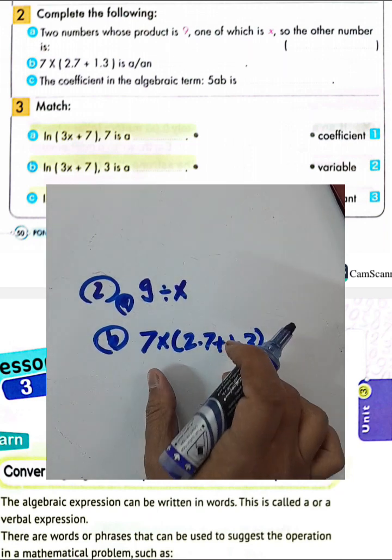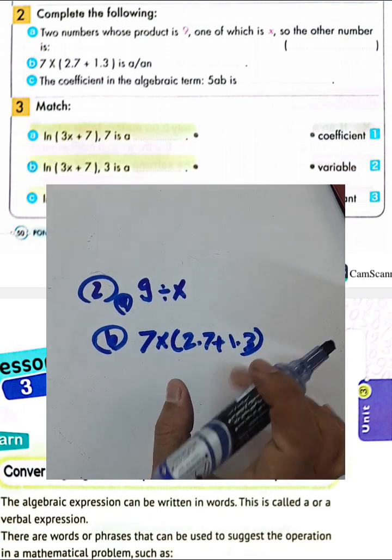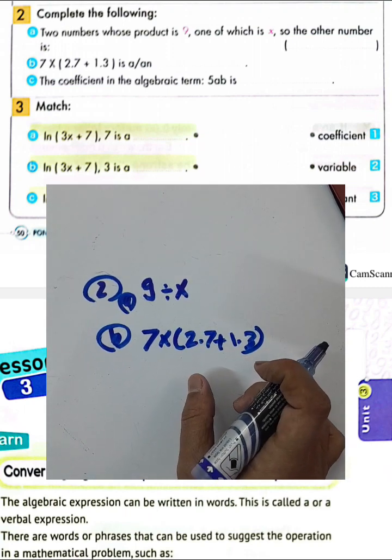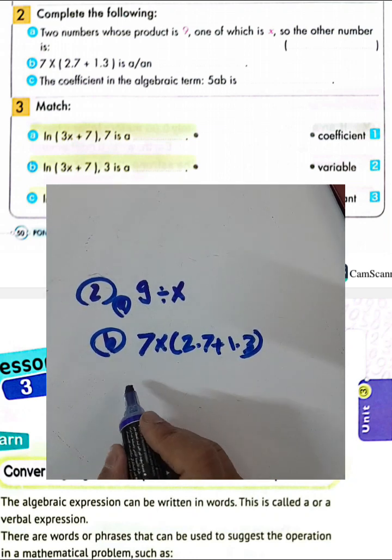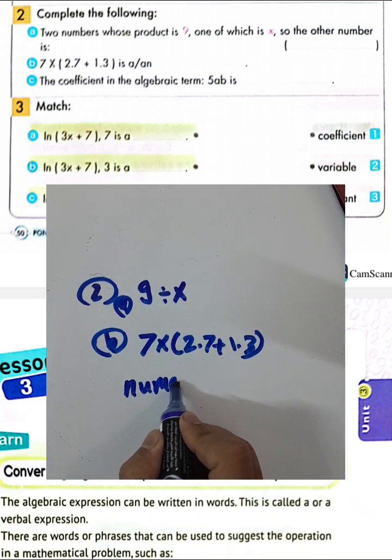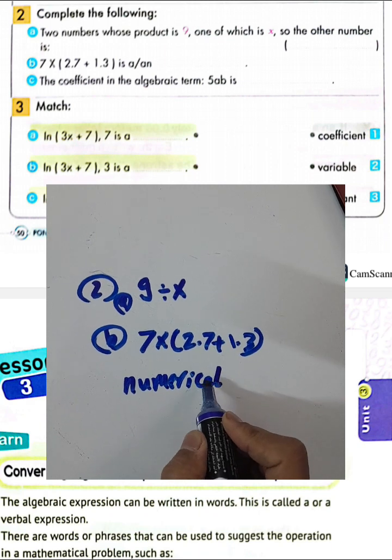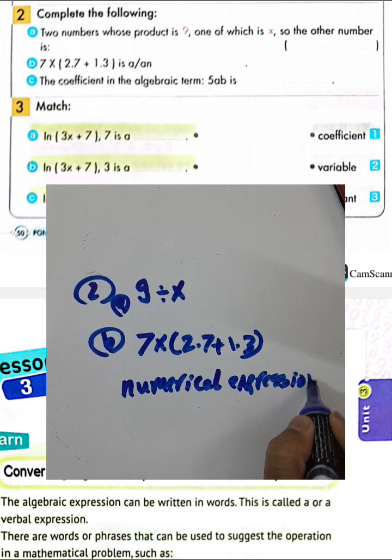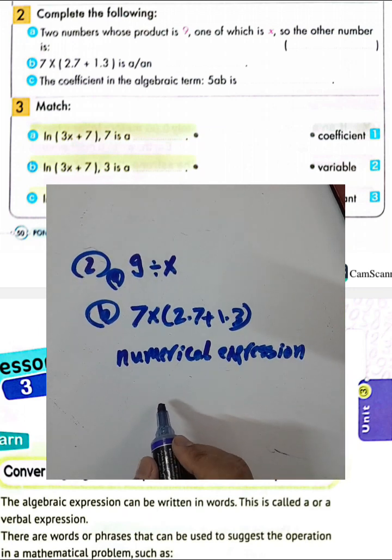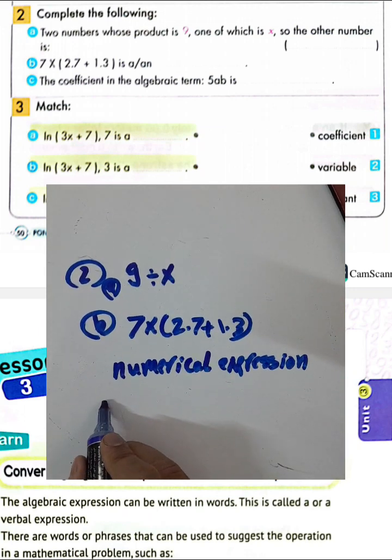It's a numerical expression, not an algebraic expression. If we have a variable, we call it an algebraic expression, but all of these are numbers, so we call it a numerical expression. Okay.